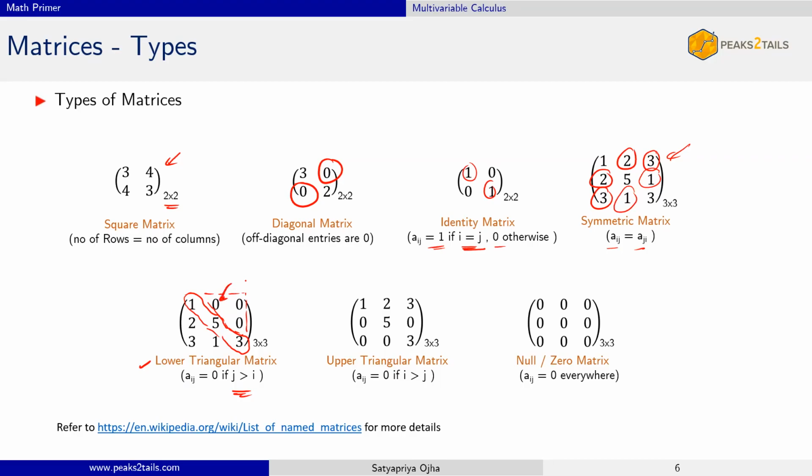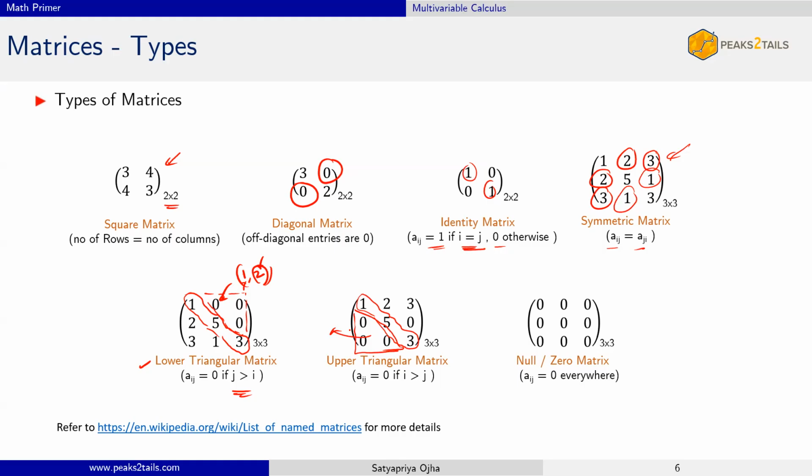You can see this point is row 1, column 2, so j, which is 2, is greater than i, which is 1. That means it has to be 0. Similarly, we have the upper triangular matrix, which means anything below the main diagonal must be 0.